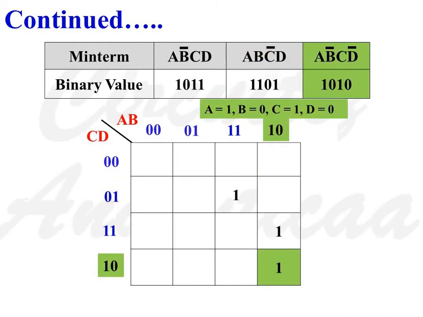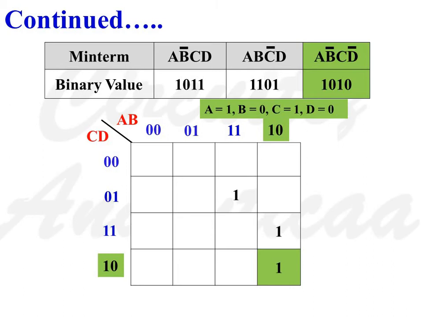Third minterm of the given function is A B bar C D bar. Binary value of the minterm under consideration is 1 0 1 0, as variables A and C appear in true form and variables B and D appear in complemented form.